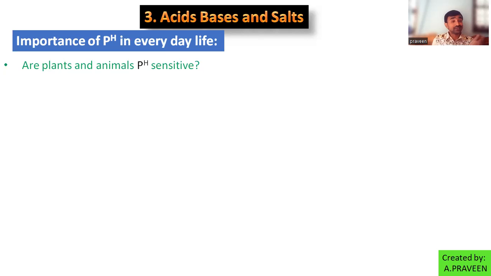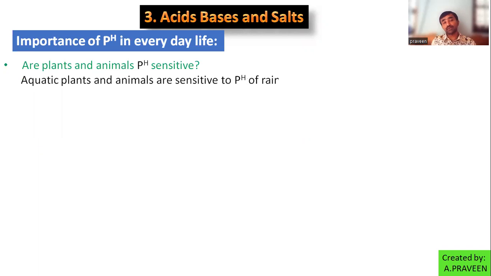Based on that, the nature of the plant also changes. So what minimum value is required? Aquatic plants and animals are sensitive to the pH of rainwater. Actually your water source is rain, replacing the water again, purifying the water actually. That is polluted due to what?